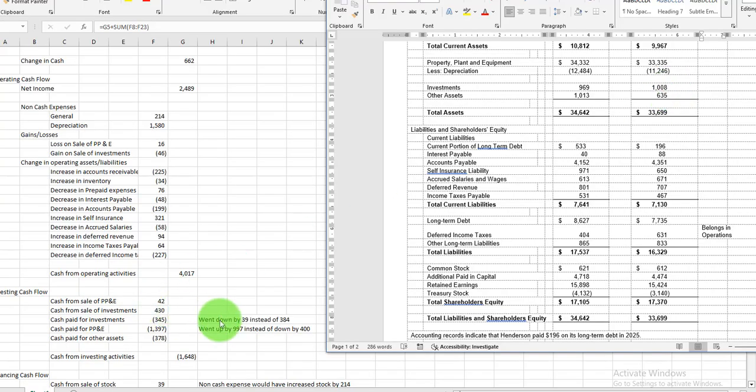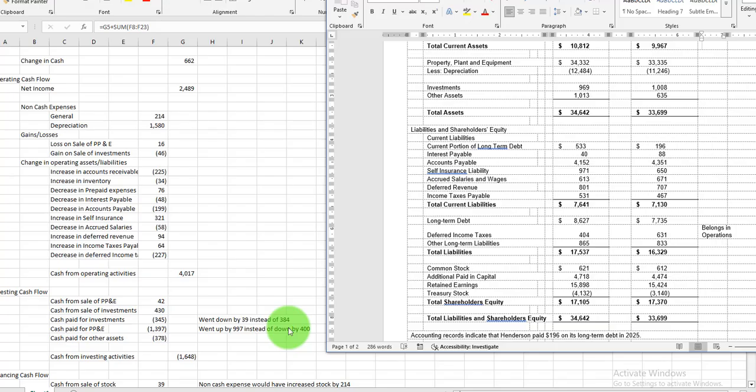They went down by 39 instead of 384. So we must have bought the difference, and you could have figured this out on a T account, or just work it out by saying it should have gone down by 384. It went down by 39. So we must have bought additional investments of 345.